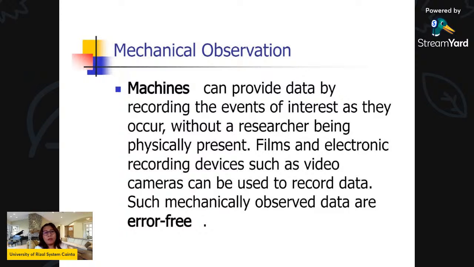So, pag sinabi nating machine, gagamit ka ng mga devices na pwede mo i-record yung observation mo o yung i-gather mong data based on observational studies. So, wala ma-identify na error. Bakit? Kasi ni-record mo yung event, ni-record mo yung particular activity sa isang community or environment. So, walang mali doon. Kasi makukuha mo lahat ng mga data. Makukuha mo lahat yung observation based on the recorded material.